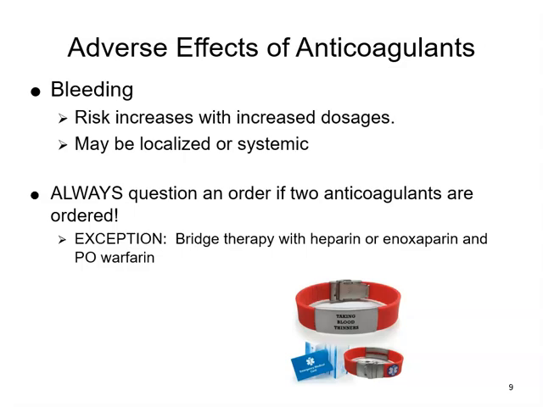So because of the risk of bleeding, you should always double check what's happening when you see orders for 2 anticoagulants at once. The only exception to that is something called bridge therapy, right?